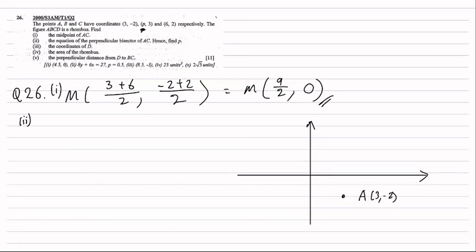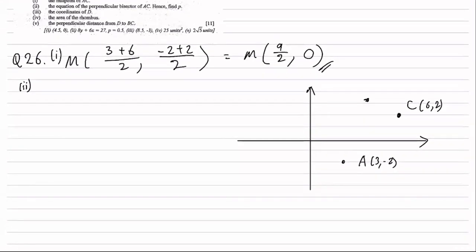It's something, 3. Then point C is 6, 2, so it's somewhere here. Point B is something comma 3, so it should be slightly above the 2.